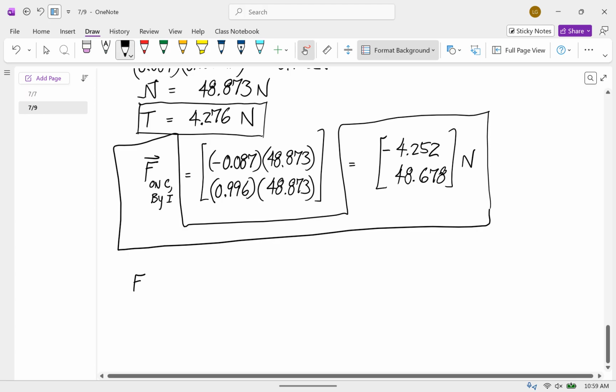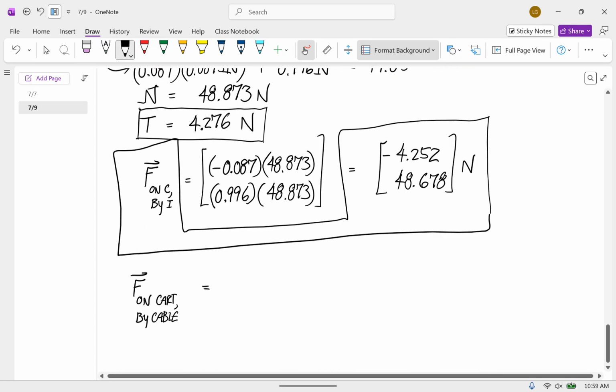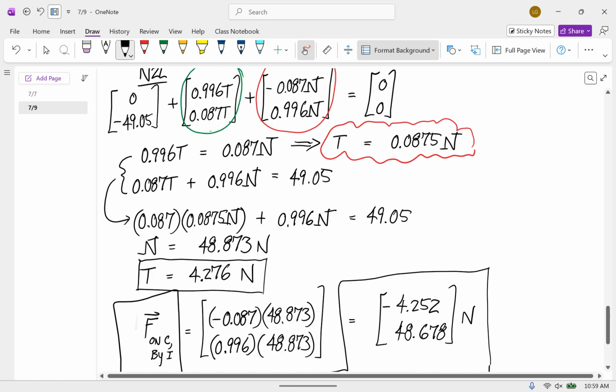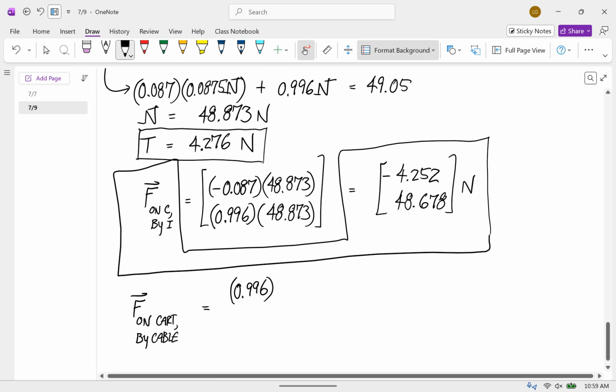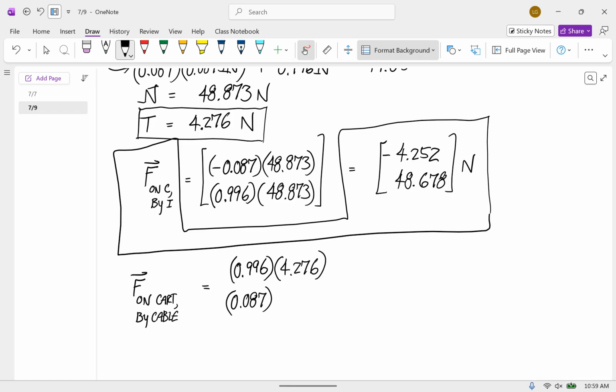So the force on the cart by the cable is 0.996 times the t that we calculated, 4.276. And then for the y component, it is 0.087 times t, 4.276.